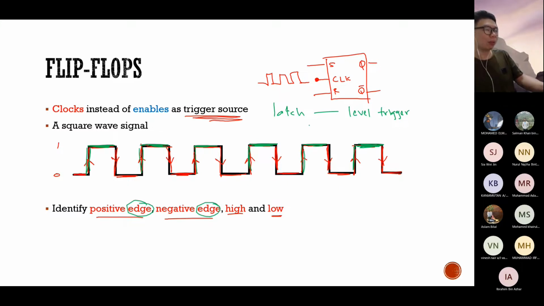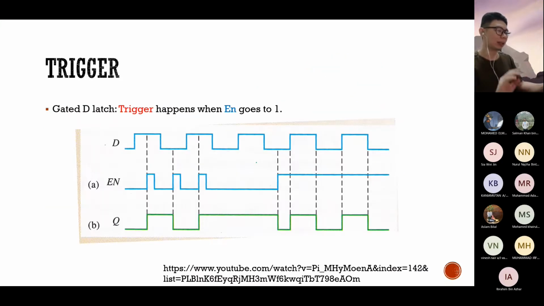For a flip-flop, this is called edge trigger. Instead of functioning at a level, the flip-flop will only function when you have an edge. It can be a positive edge going up, or a negative edge going down. Let's look at this timing diagram.